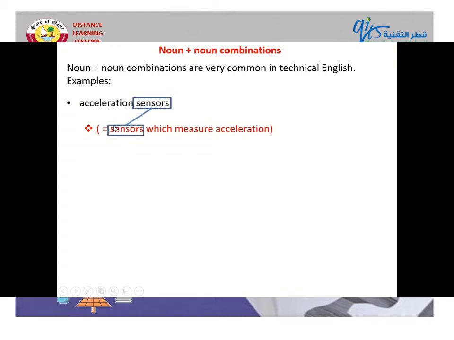So just like this. So another example, vehicle crash tests. We can also expand this one to give the meaning. We have tests which crash a vehicle to measure its safety. Now you can see that we have three nouns here: vehicle, crash, and test.